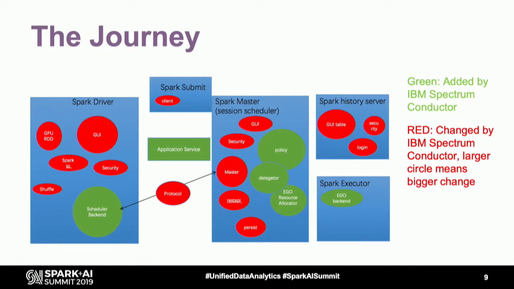So then within Spark Submit, the client got changed a little bit because we have our own Spark parameters. So we need to be able to show those and list those out as you're using Spark Submit. Below Spark Submit here, you can see a whole new box that's green for the application service. So the application service is a new concept that really should be in the Spark master, but it goes side by side with the Spark master for handling the knowledge about all the applications that are running within that Spark master.